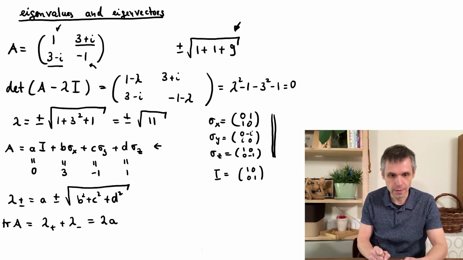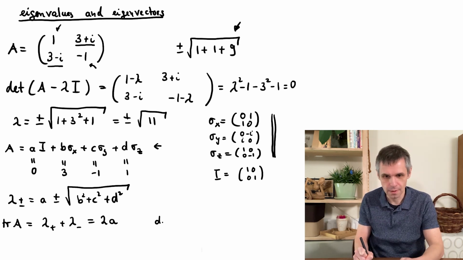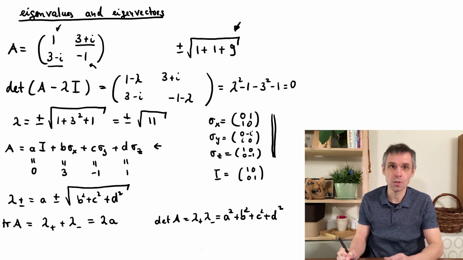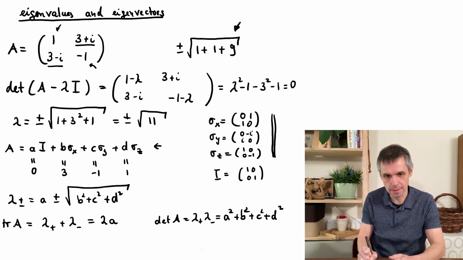So our sum of the eigenvalues just needs to be 2A. And then we can work out the determinant of A, which on the one hand is the product of the eigenvalues, and on the other hand will come out as A squared plus B squared plus C squared plus D squared. And then we can solve these 2 equations and we will find this expression here.